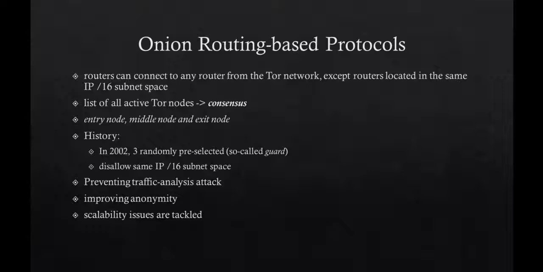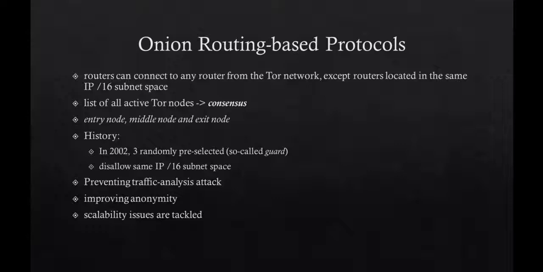Tor deploys trusted authoritative servers that have a list of all active Tor nodes. This list is called the consensus. From this list, the user chooses entry node, middle node, and exit node.